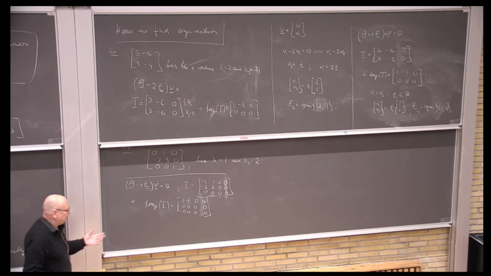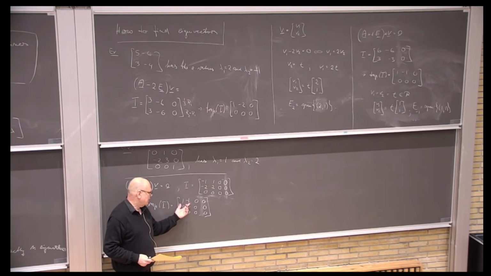But you see here, there's only one leading 1. And so the rank of this matrix is 1. So how many free parameters do you have in your solution to that problem?